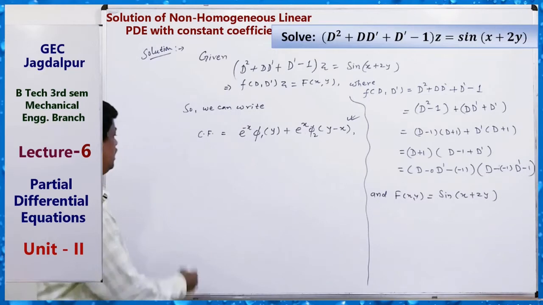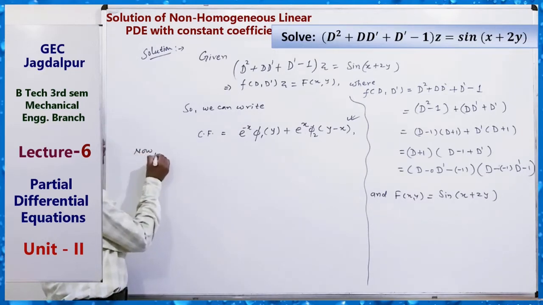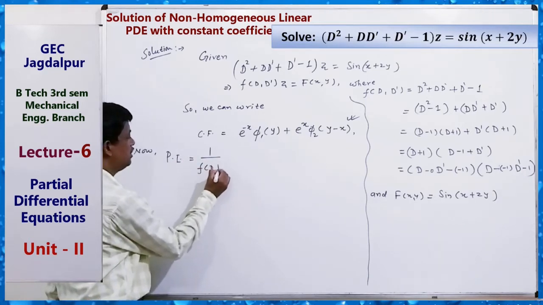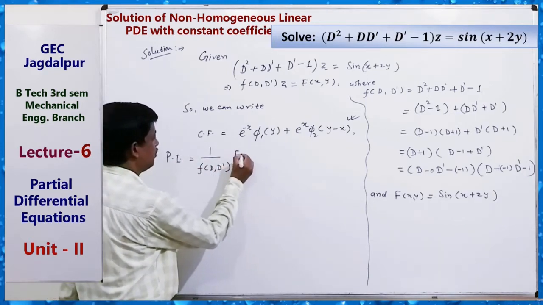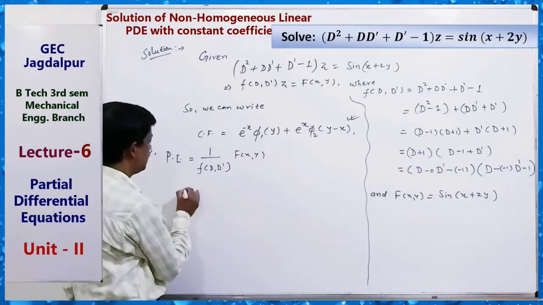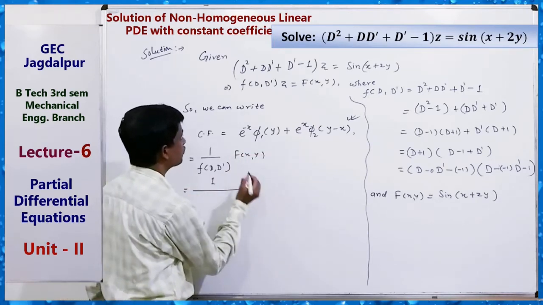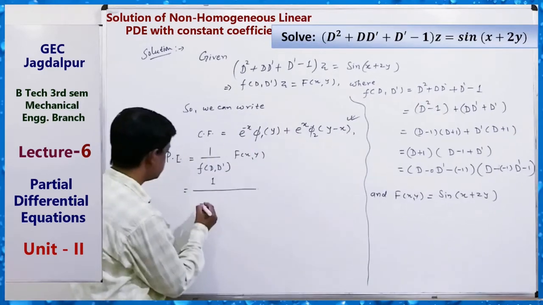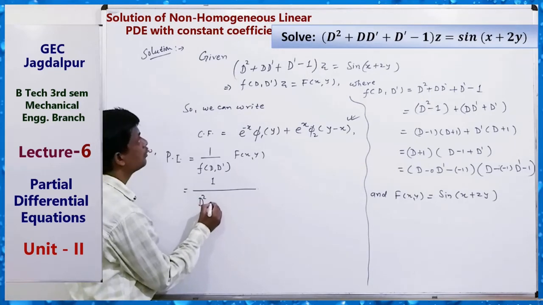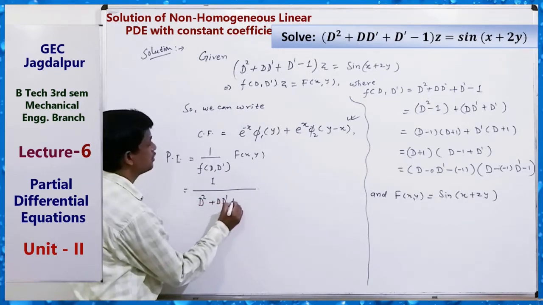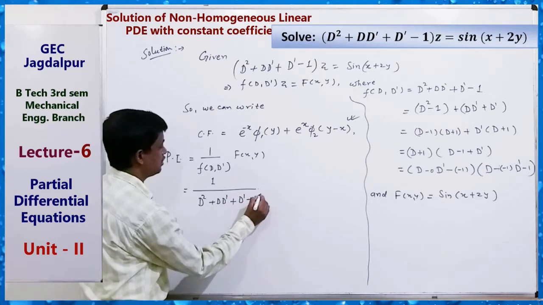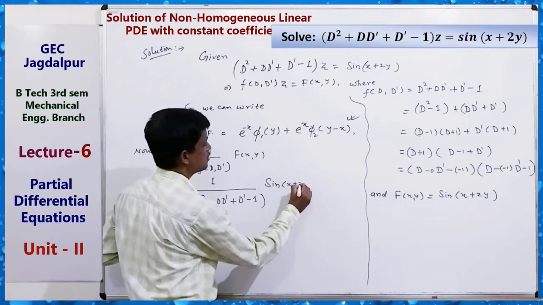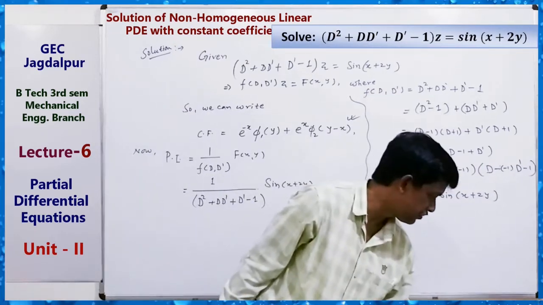And now PI equals 1 upon F(D, D') times f(x, y). Here 1 upon (D² + DD' + D' − 1) times sin(x + 2y).